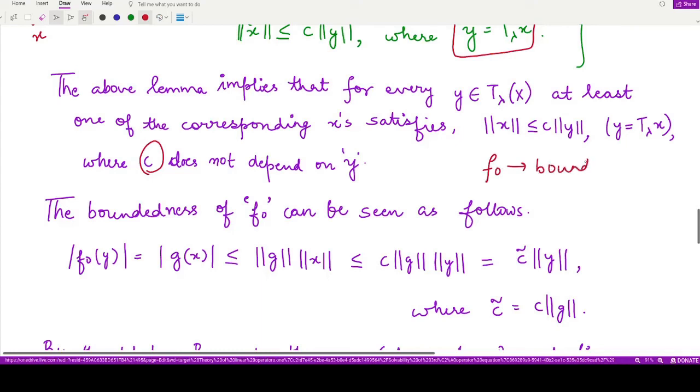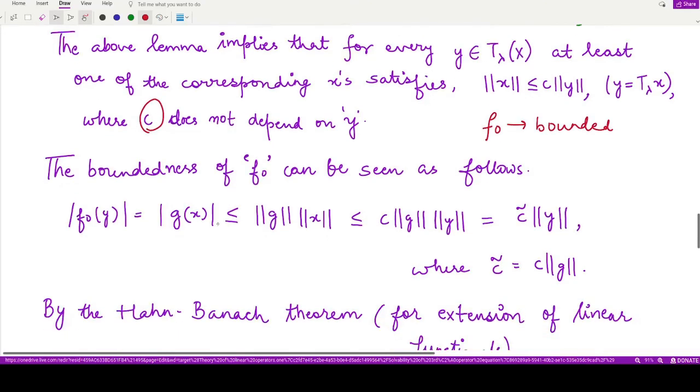Now using the boundedness of f0, what is the modulus of f0 y? By the definition, f0 y is nothing but g of x, and we can now open up the modulus using the properties of norm. It is norm of g multiplied by norm of x, and the norm of x is less than or equal to c times the norm of y.